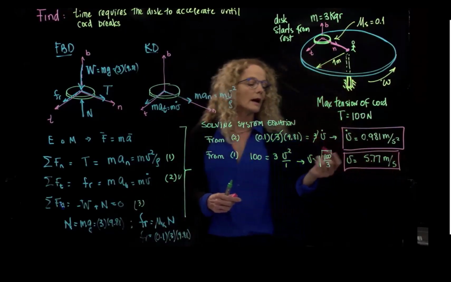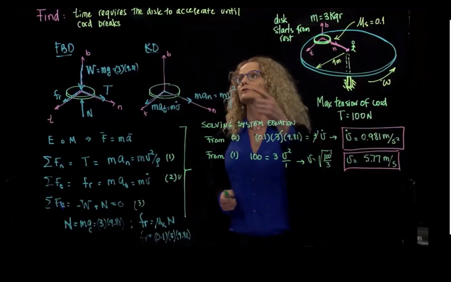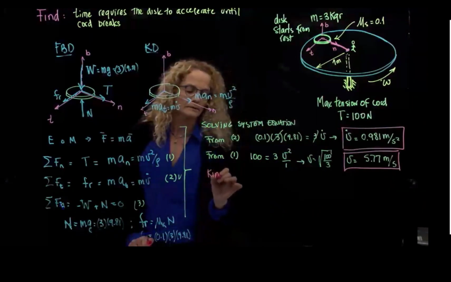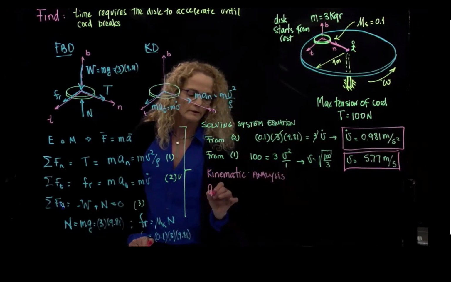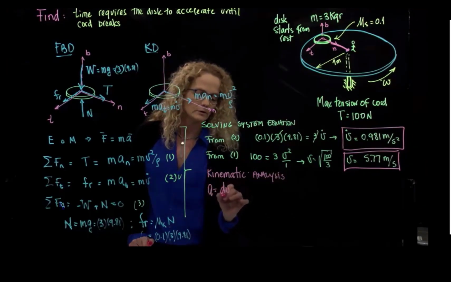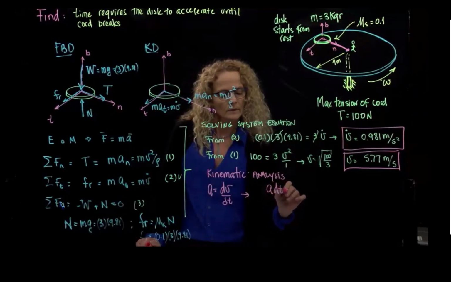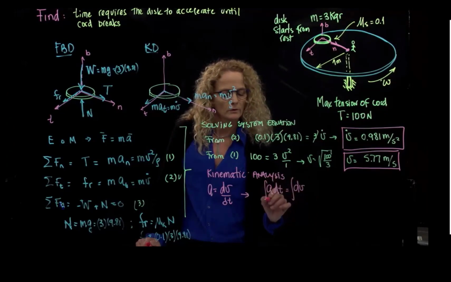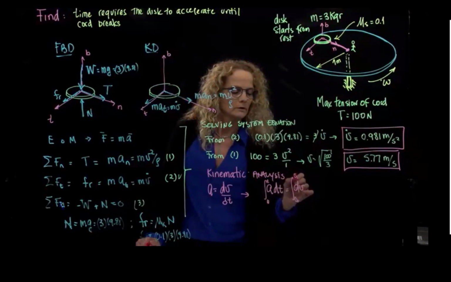Okay, once we have the velocity and the acceleration, we need the time. Now we do a kinematic analysis. And we know that acceleration is the derivative of the velocity, right? Therefore, the acceleration times the derivative of time is equal to the derivative of velocity. So I integrate those. This is 0 to time, and this is velocity 0 to velocity final.